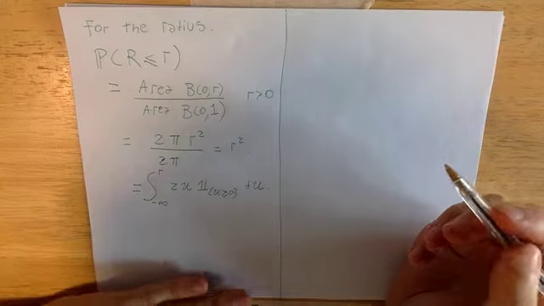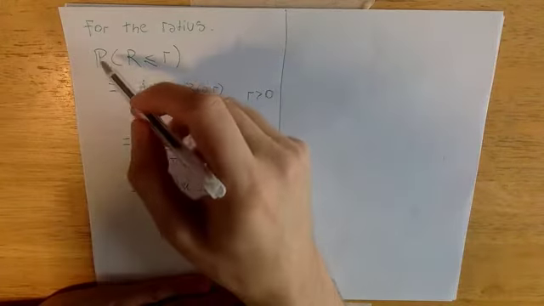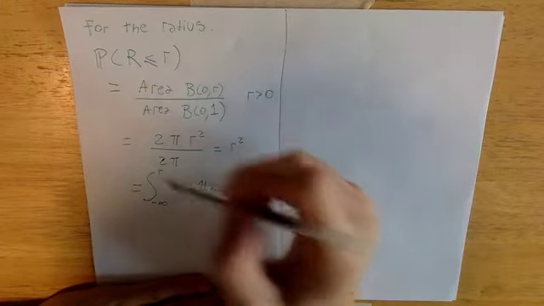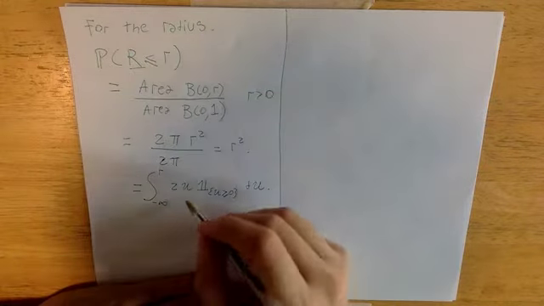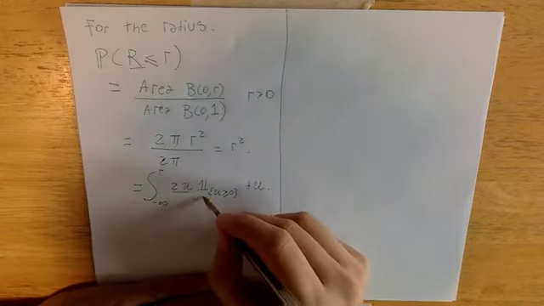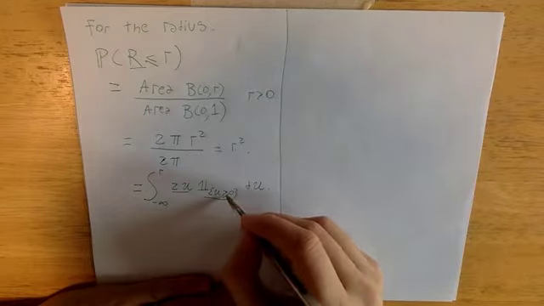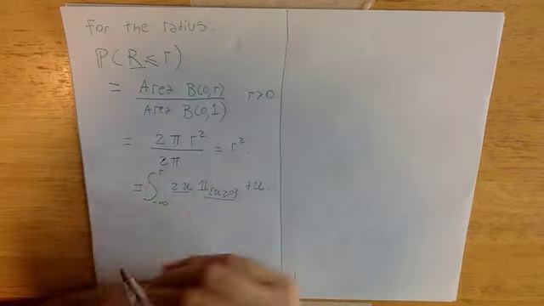What I'm trying to say is that the density function for my random variable R is going to be 2u times the indicator of u bigger than 0.